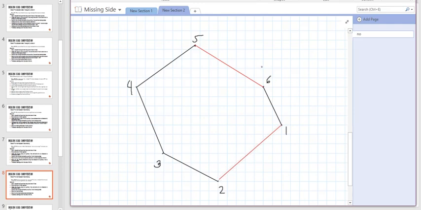Okay, so 1 to 2, okay, 1 to 2, the direction is known, distance is unknown. For line 5 to 6, the bearing or the direction is unknown, but the distance is known.